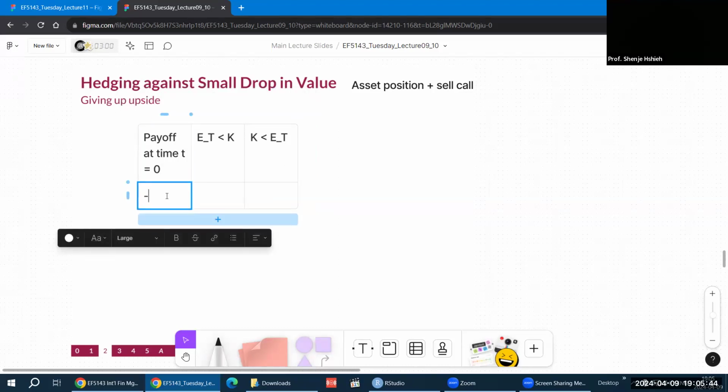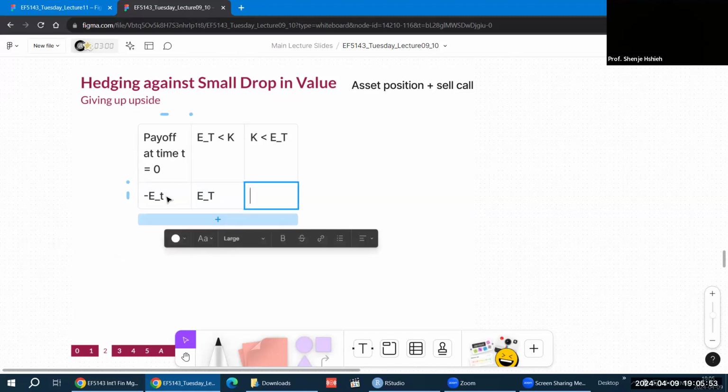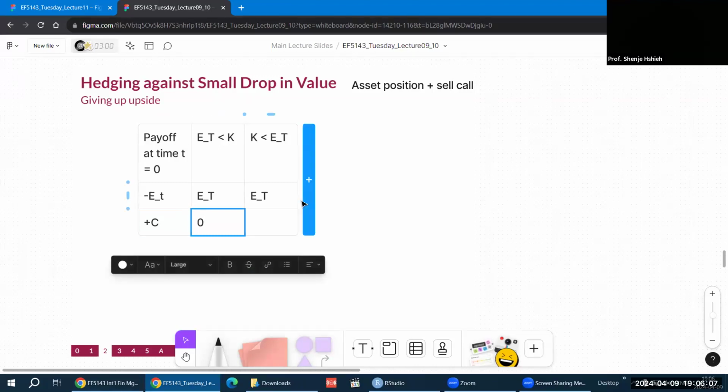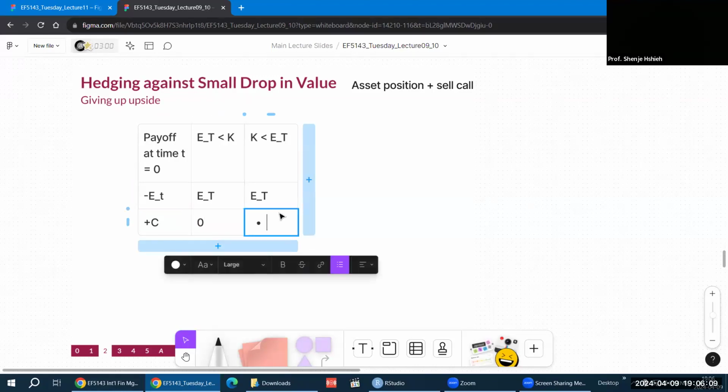So if we are in an asset position, we bought the asset, presumably at the beginning, so it's a minus S_0, and then we'll get a payoff of E_T regardless of the state of the world. But if I have a call option, I will have received something for selling the call option, but I will have to pay out only in the state in which the buyer of the option exercises the call option, which is the good state, right?